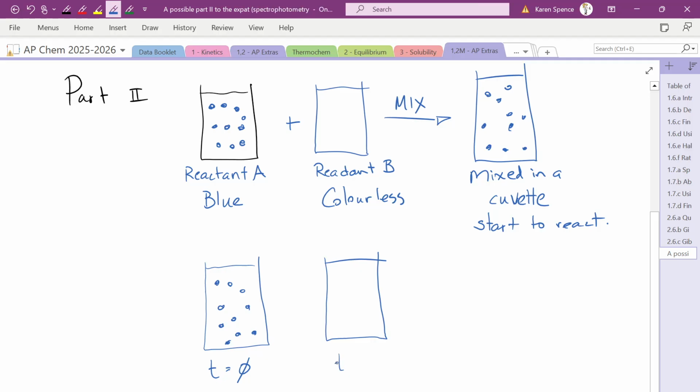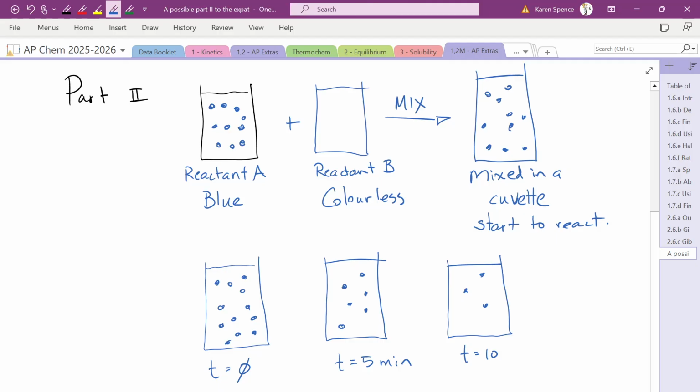And maybe at time equals 5 minutes, I have 1, 2, 3, 4, 5 little dots. Oh, I'm going to make it 12, because that's divisible by 2, divisible by 2, divisible by 2. That makes it better. 1, 2, 3, 4, 5, 6. And then at t equals 10 minutes, I'm going to have 1, 2, 3 little dots. So you can see the blue reactant is decreasing over time.